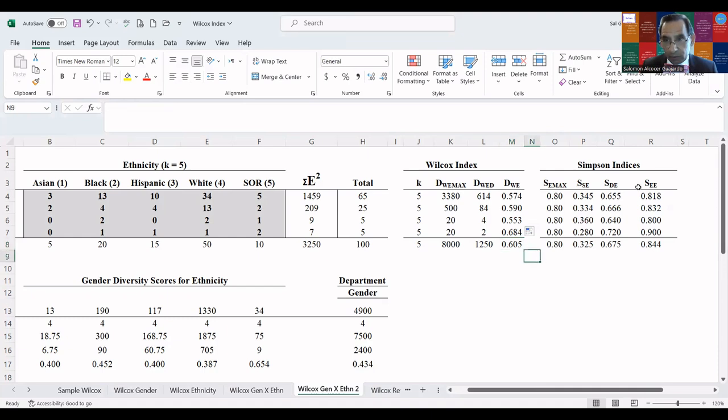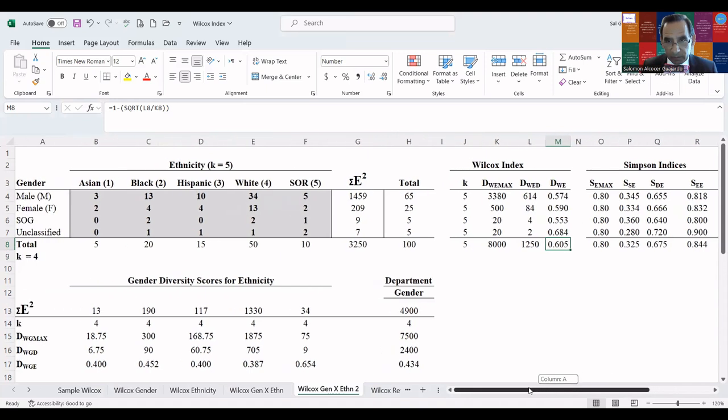And again, just for comparison, I included the Simpson indices. I'm not going to go through that again. And again, for the total organization, the organization obtained 61% of the maximum possible value of gender by ethnicity.